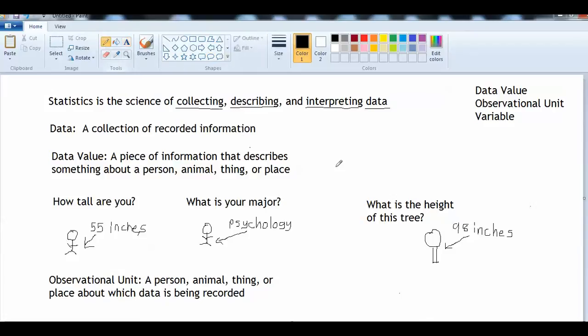What if we were recording the height of a dog? I can't really draw a dog, but I'll just write the word dog right here. And we find out that the dog is 12 inches tall. Well, now 12 inches is a data value, and the observational unit that goes along with this data value is the dog.